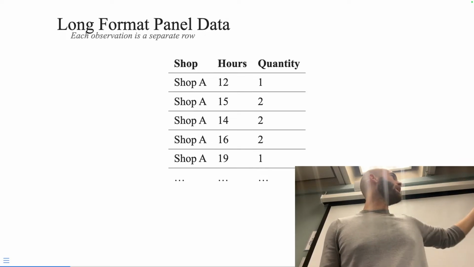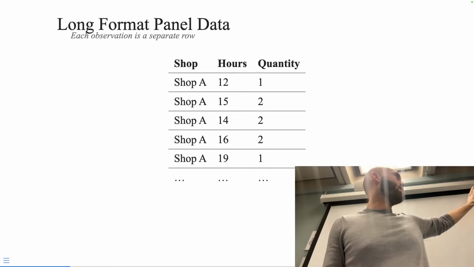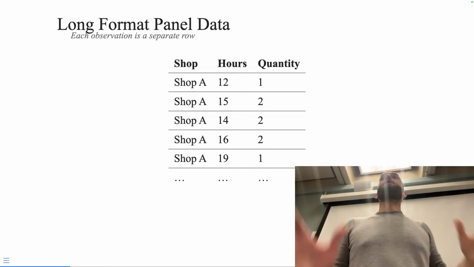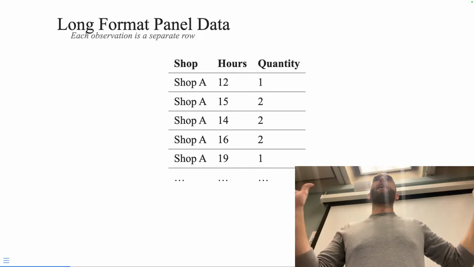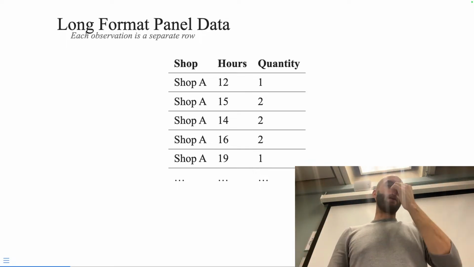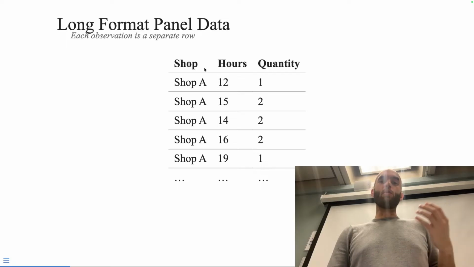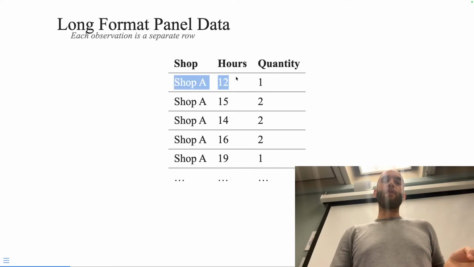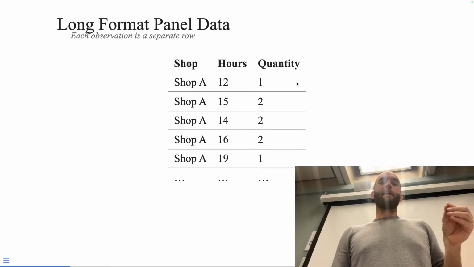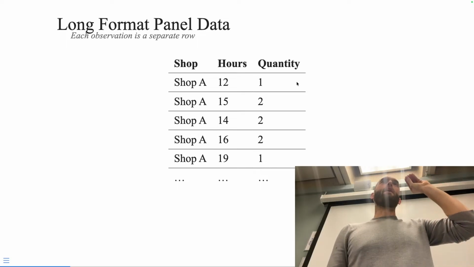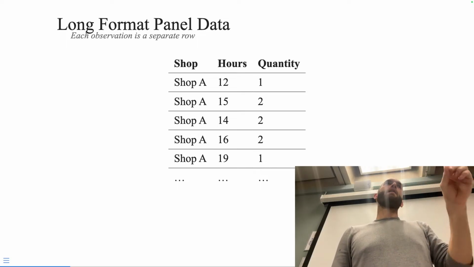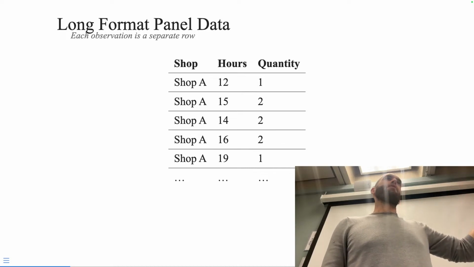Okay, so we have our definition of long format data, which is what we're going to focus on in part 1.4. What distinguishes long format panel is that each row represents a specific observation of the entity at a particular point in time.